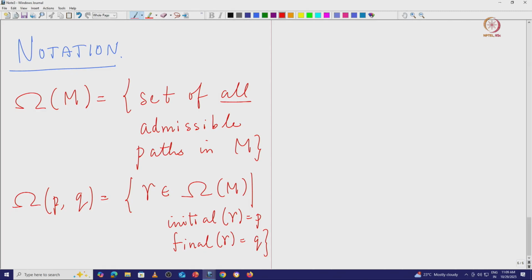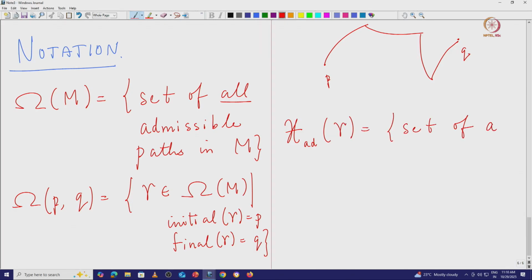Okay, so these are the admissible curves going from p to q. So a picture could be something like this, right, because they are only piecewise smooth. And chi admissible on gamma is the set of admissible vector fields along gamma. Okay, so this is the notation that I will use throughout.